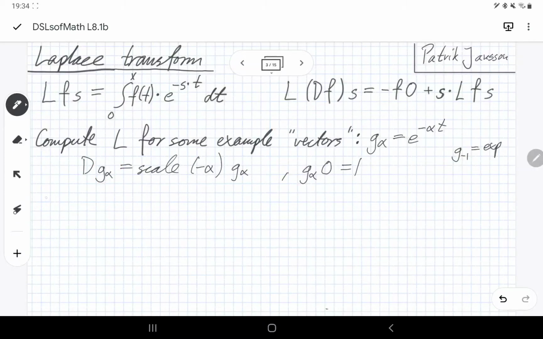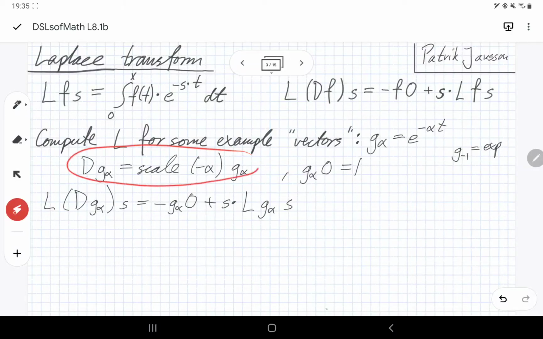So the LD law gives us that Laplace of derivative of G alpha at S is equal to minus G alpha at 0 plus S times L of G alpha at S. Now we use the equations we've got.